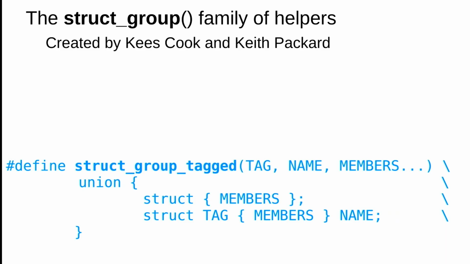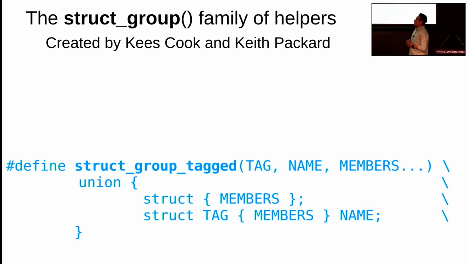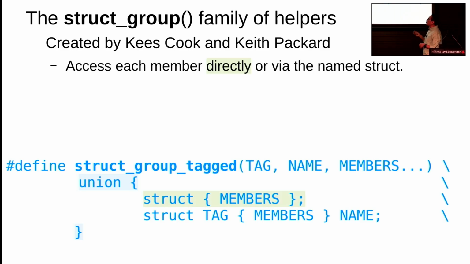And the magic of struct group is this. It was created by Kees Cook, who is the leader of the Kernel Self-Protection Project, and also by Gustavo Silva. Internally, this is how struct group looks like. We have a union, right? And we have an anonymous structure. Thanks to that anonymous structure, we can continue to access the members in the flexible structure without having to go through a substructure identifier, right?